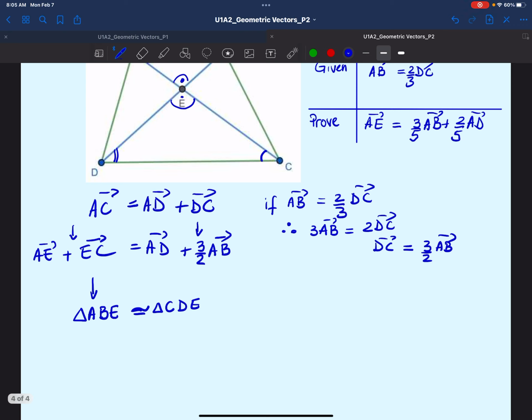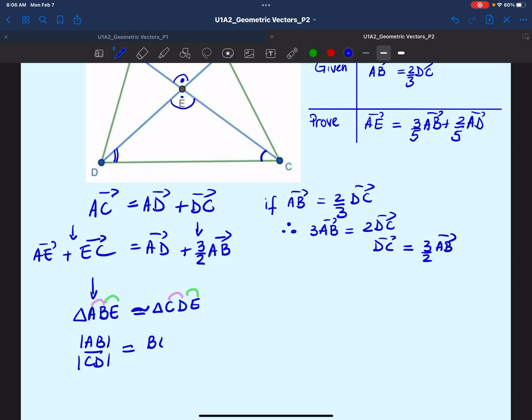So now that we have stated the similarity of triangles, we can build the ratios. Look at how easy it becomes to state the ratios now that we have ordered the angles respectively. So AB over CD, and we're only talking about their magnitudes, obviously, so the lengths, equals BE over DE.